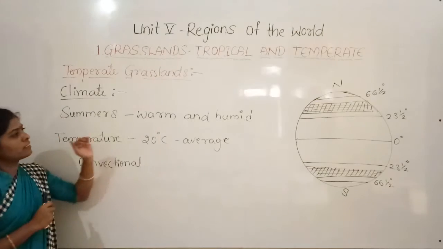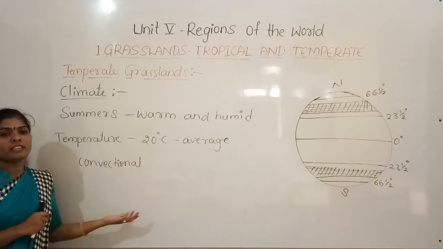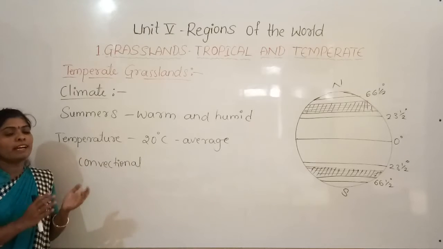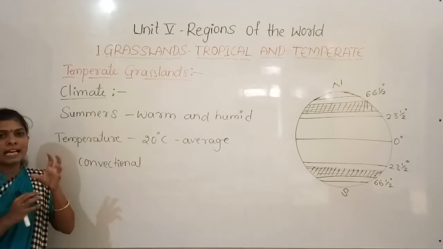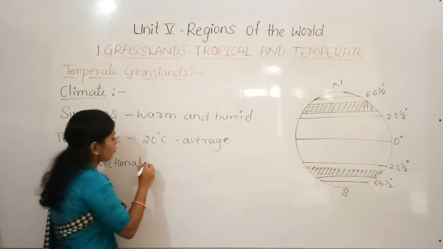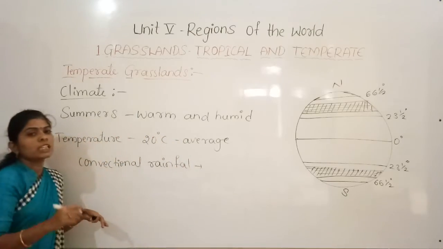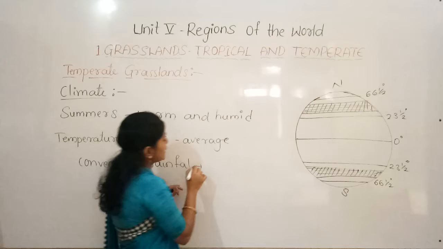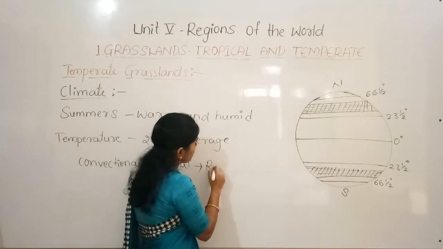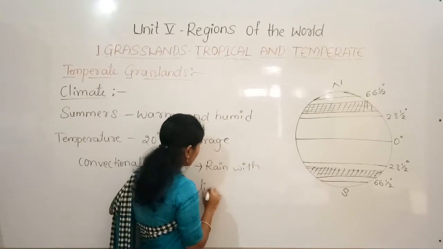Since the humidity is more, due to the warmth the water gets evaporated and forms clouds, and when those clouds become heavy, they fall as rainfall. That we call convectional rainfall, because the rainfall is not normal, it has lightning. Convectional rainfall means the rain with lightning and thunder.